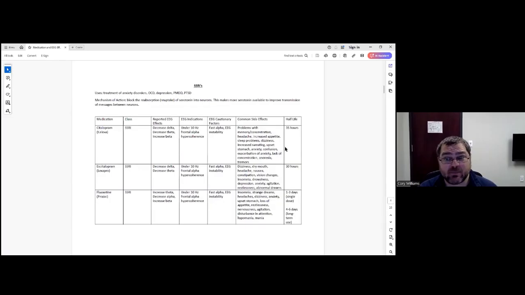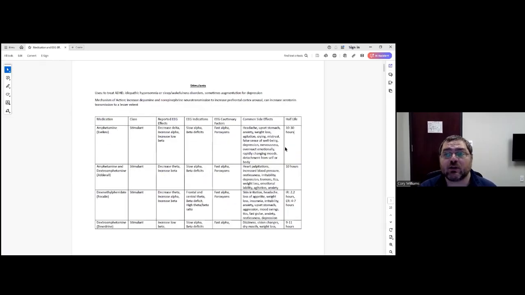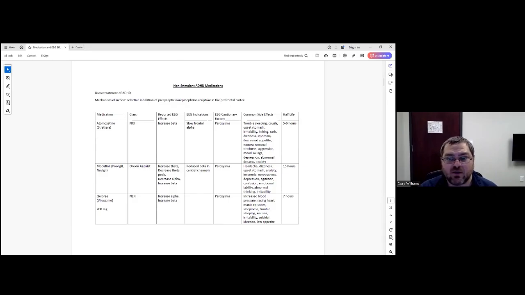Now, sometimes we see people who are changing medication. And so we want to know, is there still some traces of this medication in your system or not? Typically, for a med to completely wash out, you need 7 half-lives. Now, for something like 10 to 30 hours, that's a range that's harder to figure out. But for something like 15 hours, okay, 15 times 7 divided by 24, that's your washout period.